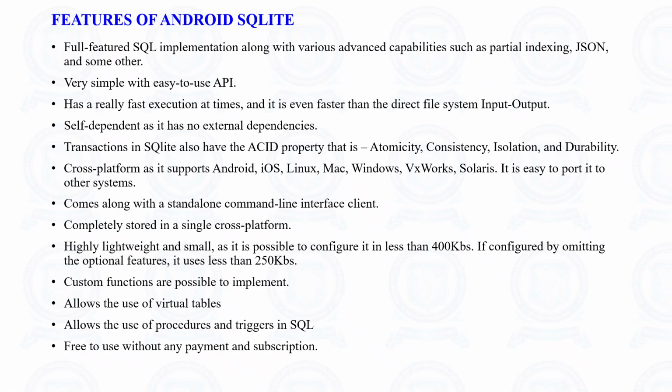Self-dependent as it has no external dependency. Transactions in SQLite also have the ACID property, that is atomicity, consistency, isolation, and durability. Cross-platform as it supports Android, iOS, Linux, Mac, Windows, VxWorks, Solaris. It is easy to port to other systems.